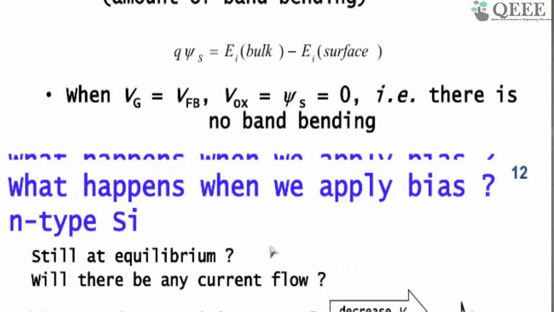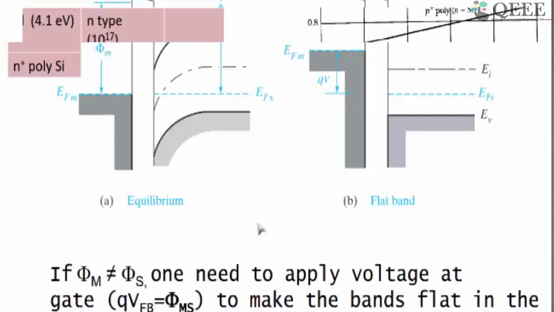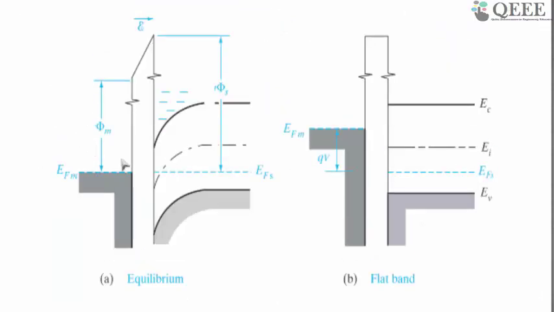If we go back to this system and apply a negative bias, the metal side moves up. In simple terms, whenever you apply a gate voltage, it swings the bands inside the oxide as well as the semiconductor.